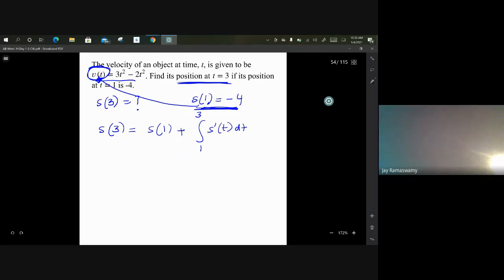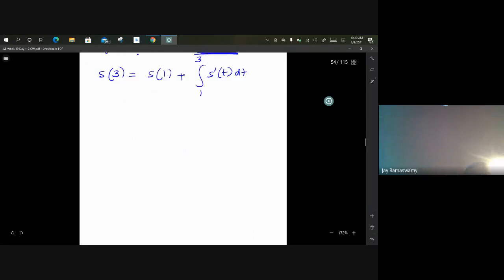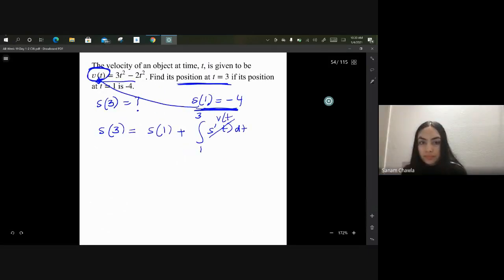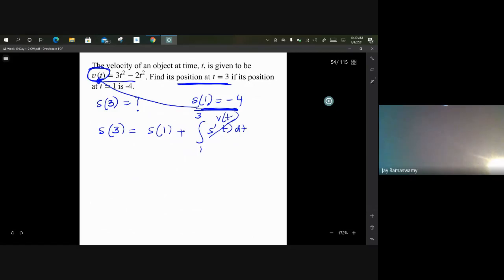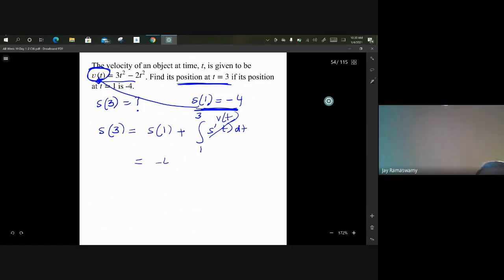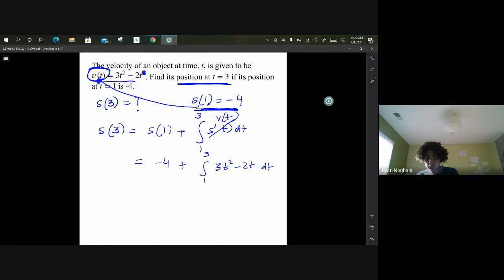Do you see the connection? But what do we know S dash as? V of t. And is that V of t given to us? Yes. Now S of 1 was given to be negative 4, correct? Is that just 3t squared minus 2t? Oh, by the way, that was 2t. That was a typo. Now, is that problem easy to solve? Yes.